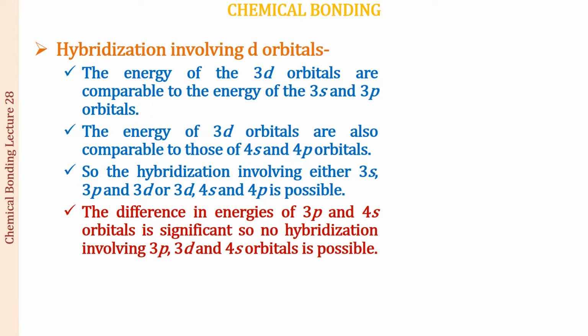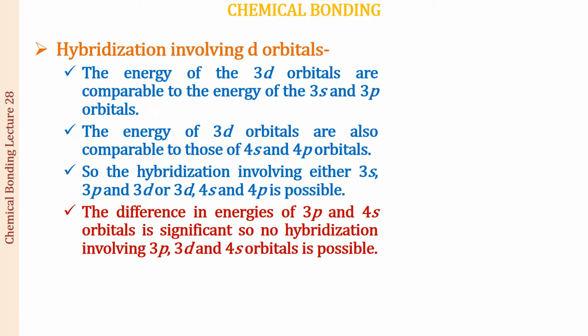And the other thing we learned about the orbitals involved was that they should be of the valence shell. And in some of the cases we see that the d orbitals of the penultimate shell can participate in hybridization. So it is actually these 2 points which are going to be very important when we are going to discuss the hybridization involving d orbitals.